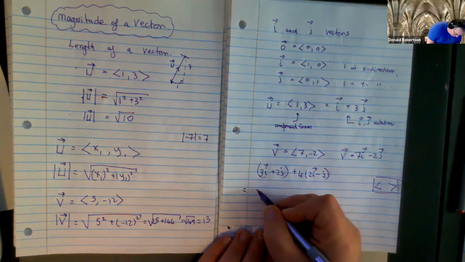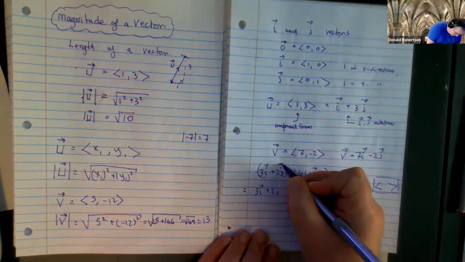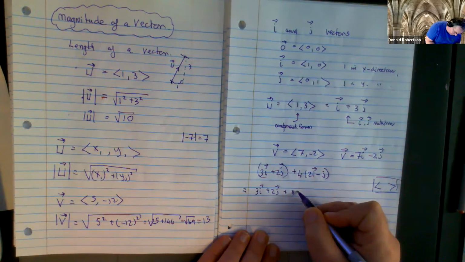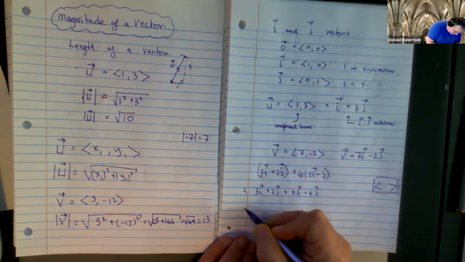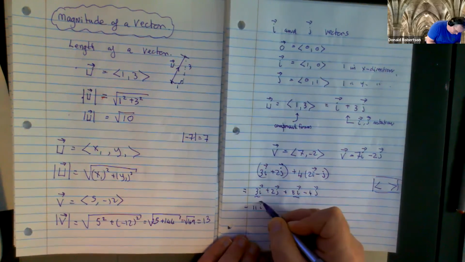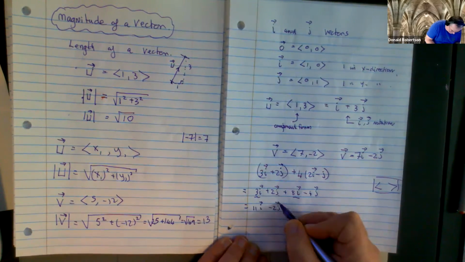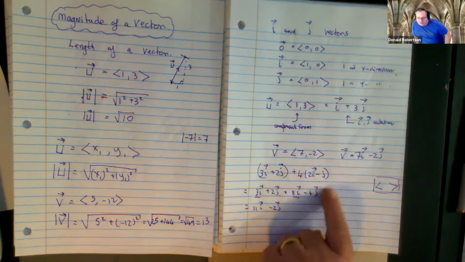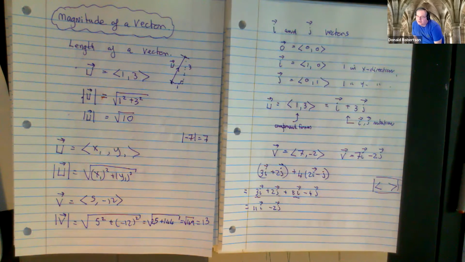So let's see how it works. 3i plus 2j, distribute, 8i, take away 4j, and then can't you collect like terms? 11i and -2j. Would you agree that adding, subtracting, and multiplying can be done just as well using this notation as it was with the earlier notation?